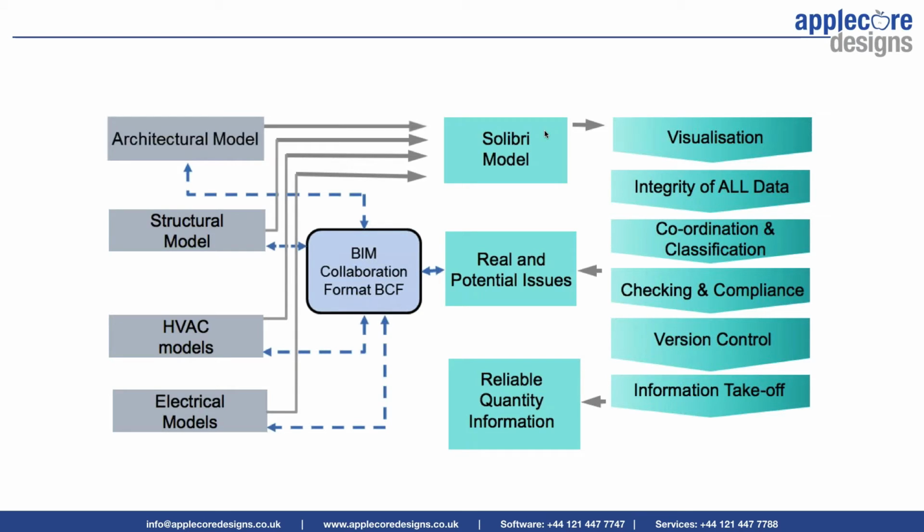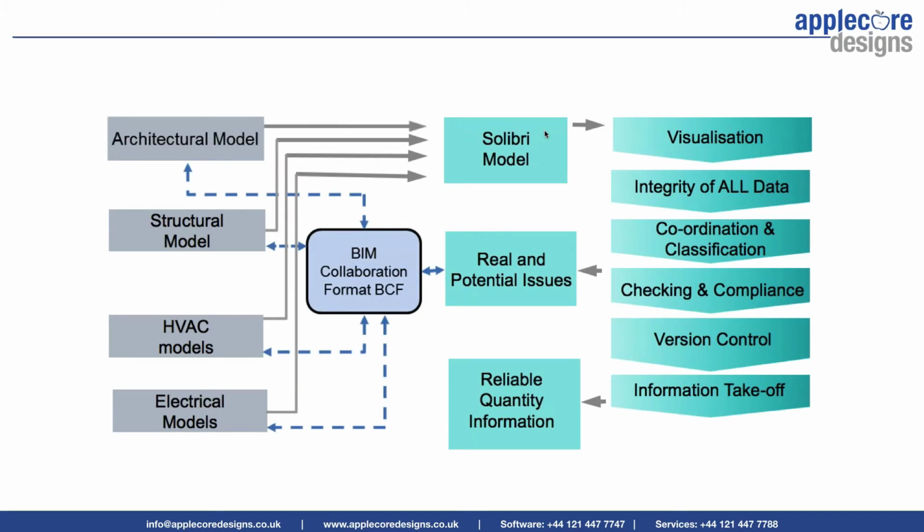We can then use this model to coordinate and classify information, what belongs to whom, and how this is being dealt with. We can also perform checking and compliance checks on the model. On one hand, these checks can be more technical, going back to that integrity of data part of this flowchart. So we can check that the data we received is correct and it's there.